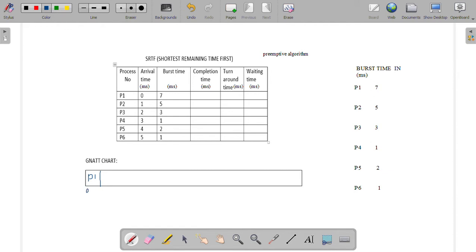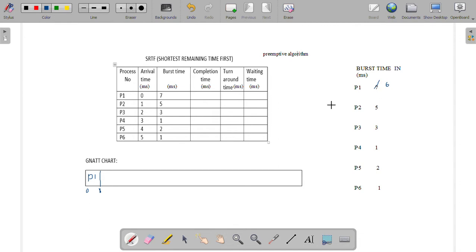It will run from 0 to 1 millisecond, because in SRTF we always schedule a process for 1 millisecond and then calculate the remaining burst time for that process. As 1 millisecond has already been done, P1 now has a burst time of 6 milliseconds.